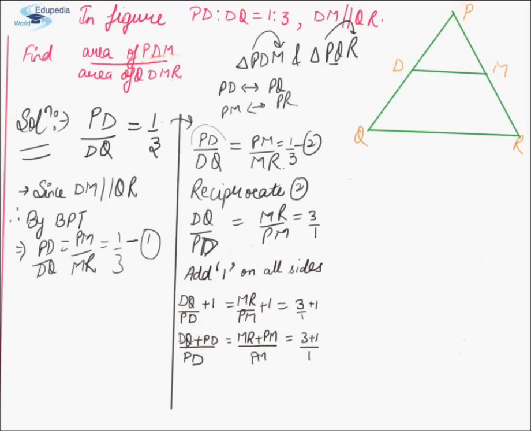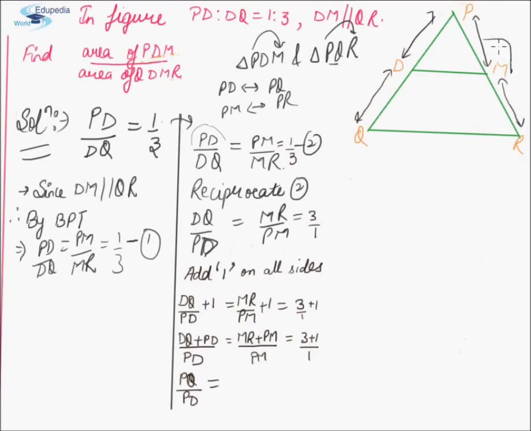Now friends, DQ plus PD, DQ and PD when added will give the whole side PQ. So we can say PQ over PD is the left hand side equal to MR plus PM. This is the side MR and this is the side PM.